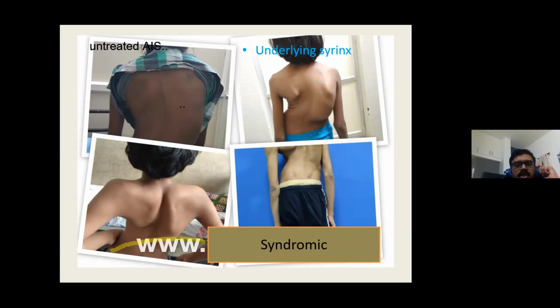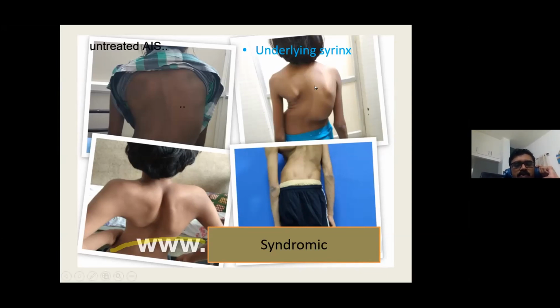Sometimes you get patients where, though the curve may look like an adolescent idiopathic variety, there may be an underlying intraspinal anomaly. For example, a common one is a syrinx or syringomyelia. So when you get a very rigid, fast progressive scoliosis like this second child, the deformity has become so grotesque in less than 6 months.